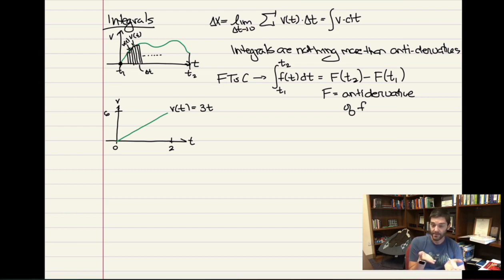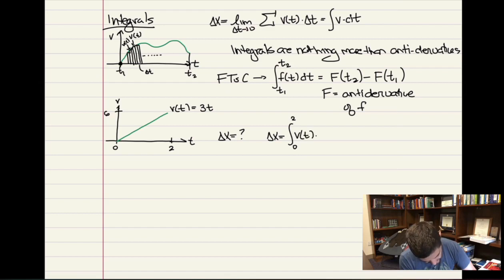So we've talked about in class how the way we could do this geometrically is we could just find the area under the curve. Delta x in this case is the integral between 0 and 2 of v of t over time.